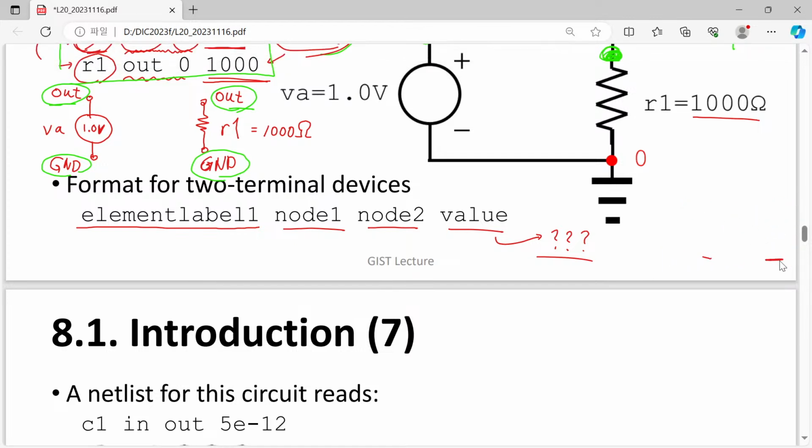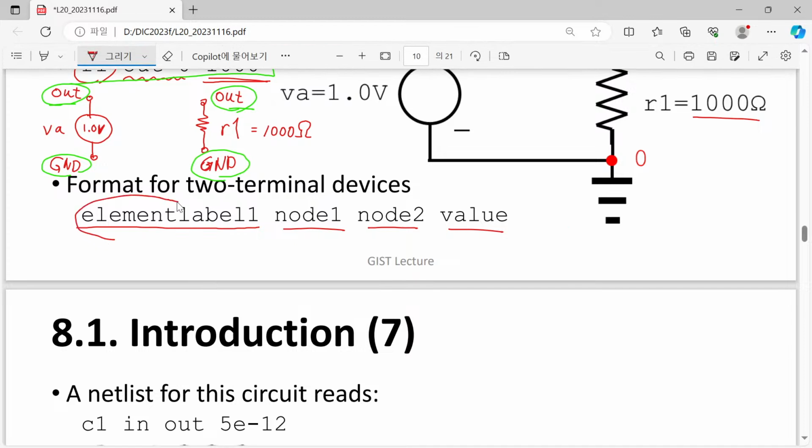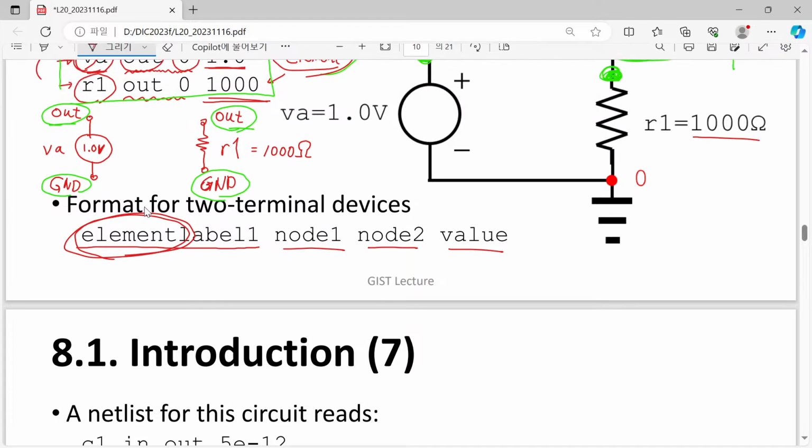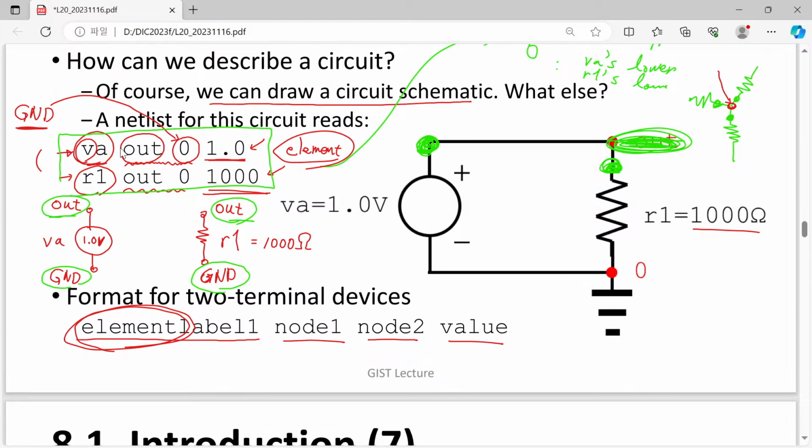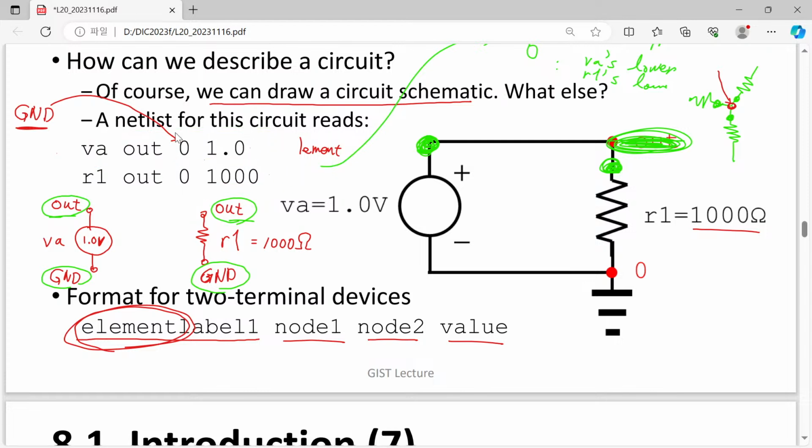So once again, in this specification, what is the meaning of this value? That really depends on the type of your element, and who decides the type of element. In this case, they made a really compact way to do that. The first alphabet letter of its name determines the type.